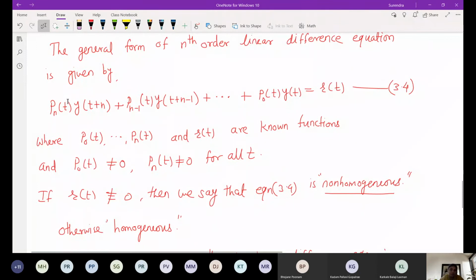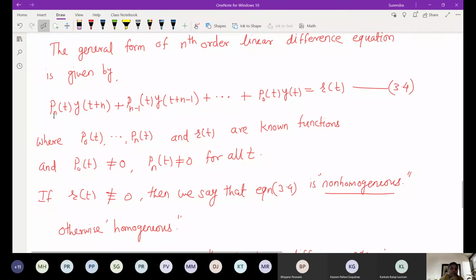Suppose one of them is 0, suppose Pn(t) is 0, then what will happen? The y at t plus n term will be 0. So my equation will reduce to only Pn minus 1 of t, y at t plus n minus 1, and so on. So the order will reduce to 1.